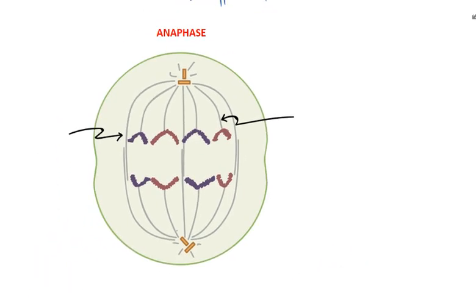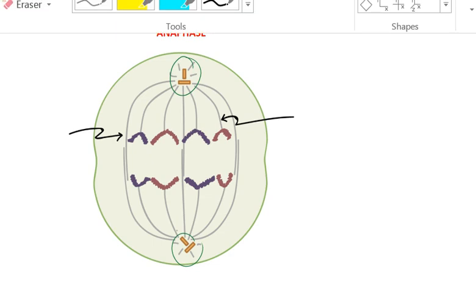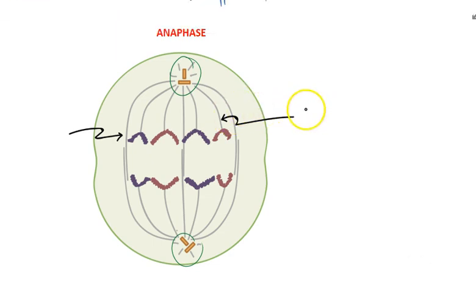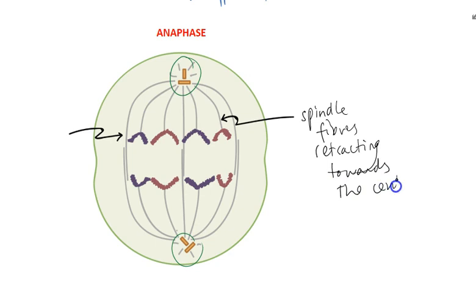Okay, during anaphase, let's go through the key structures again. We have here the centrosomes. They're still fixed in place. We have the spindle fibres now, and we'll just talk about the kinetochore spindle fibres, the ones that attach to the centromeres. Spindle fibres are retracting here, retracting towards the centrosomes.